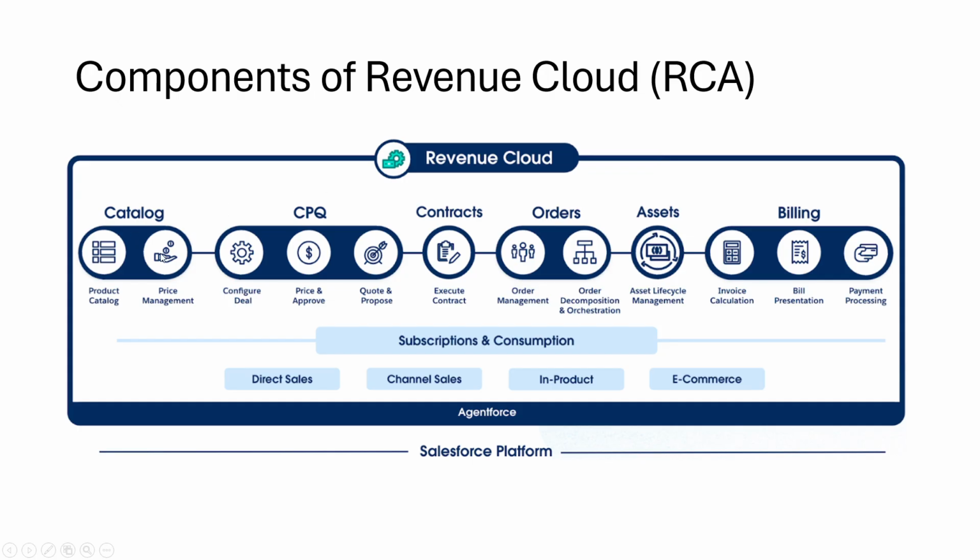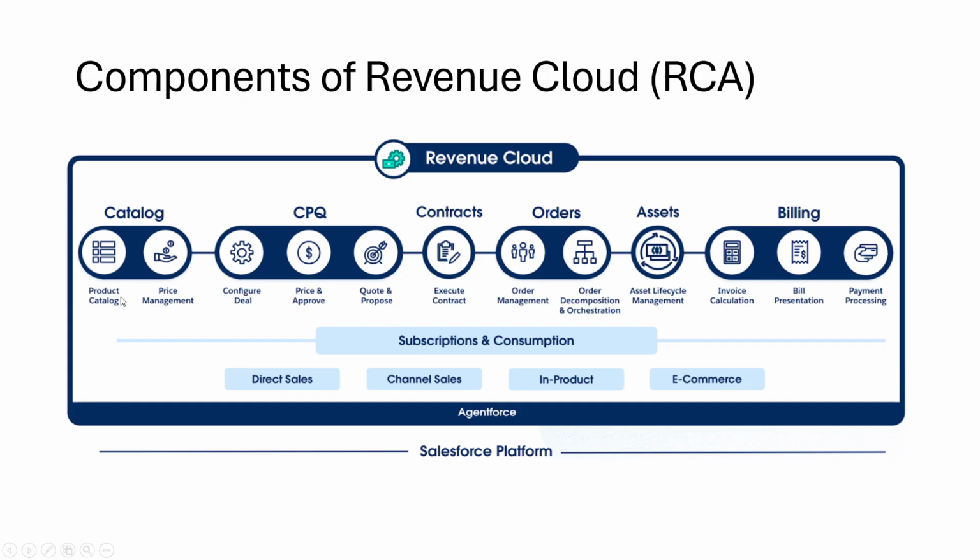Okay, now let's dive deep into the component levels. It is basically segmented into catalog, CPQ, contracts, orders, asset and billing.